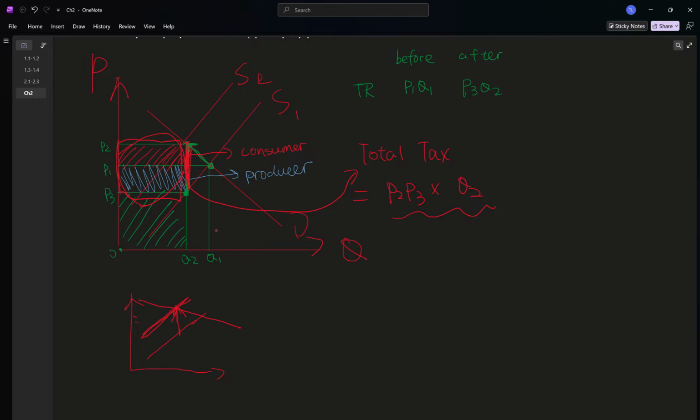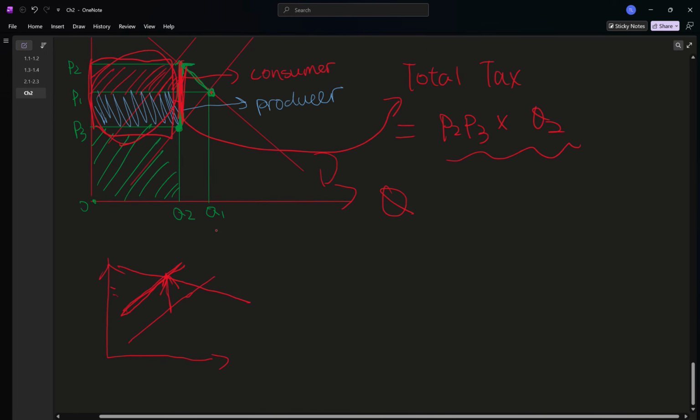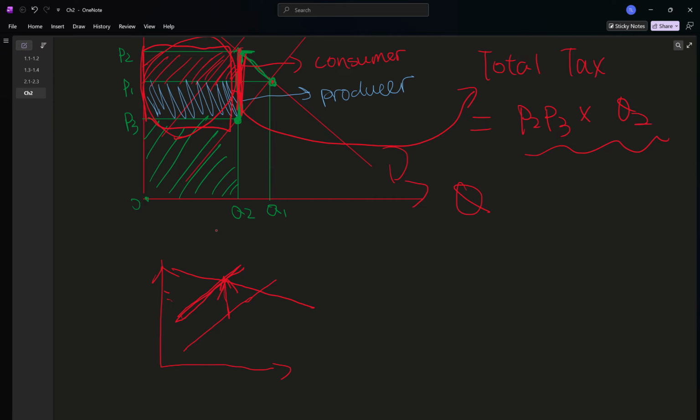Let's say demand goes like this, you see it's very flat. We choose a flat demand curve, and from the conclusion we get, it is this part.